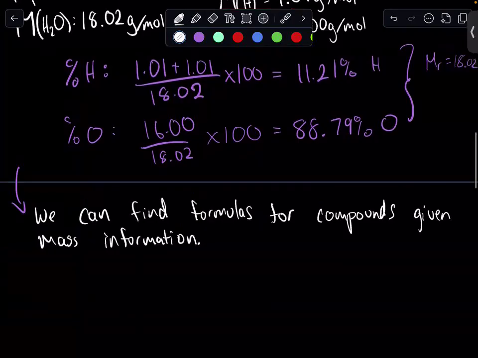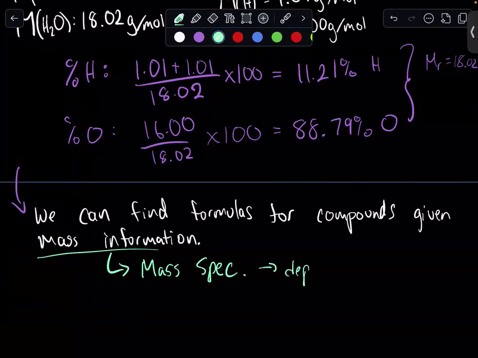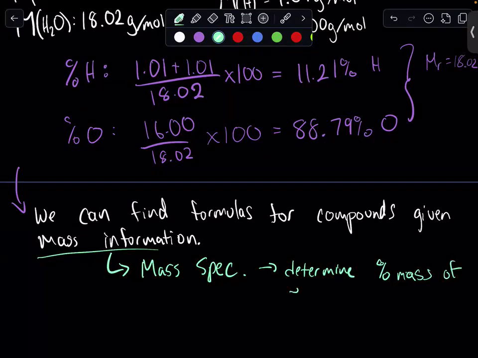A real quick sidebar, you might ask yourself, well, who cares about mass information to find formulas? What does that actually help? Well, it turns out we can use something called mass spectrometry or mass spec, which we talked about, to determine the percent mass of each element in an unknown sample.